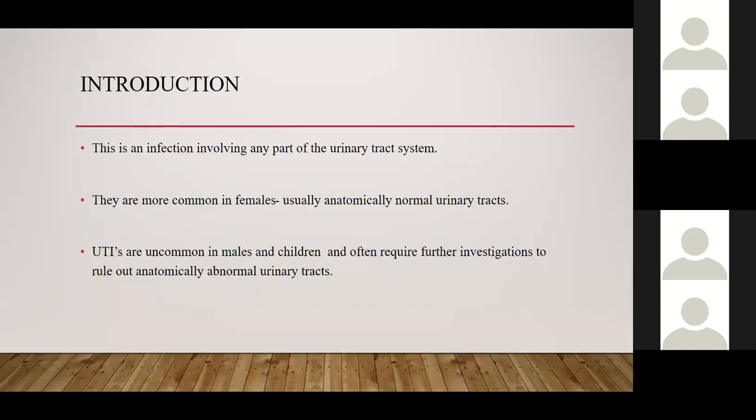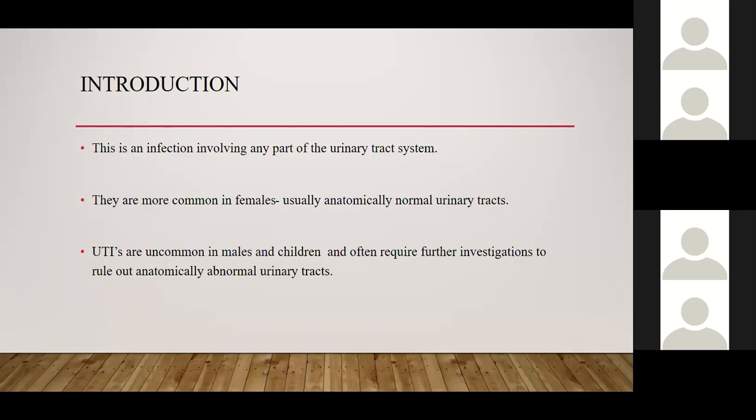So, of course, what's a UTI? As the name suggests, we know that the urinary tract system is an organ system on its own. Sometimes it's combined with the genital, so you have what we call a genitourinary system.